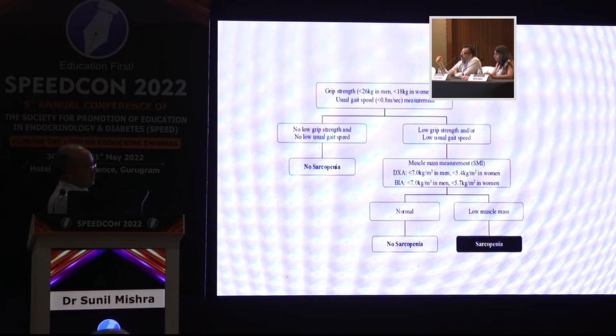It has even been seen that in patients taking more than 2 anti-diabetic drugs, sarcopenia is more. So these are the various associations of sarcopenia and diabetes. Nowadays it is said that sarcopenia is the third complication of diabetes after micro and macrovascular complications.